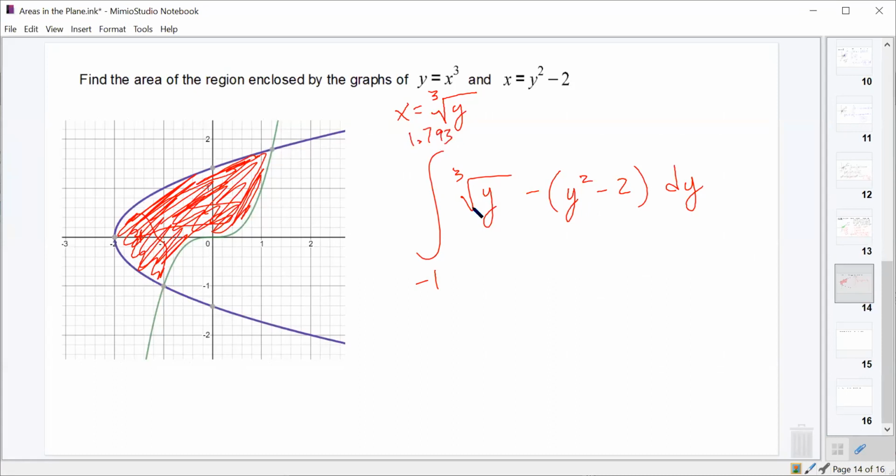And integrating this function is pretty straightforward, but evaluating at 1.793 is going to require a calculator, so we might as well just let the calculator do all of the heavy lifting there and figure out the integral and evaluate.